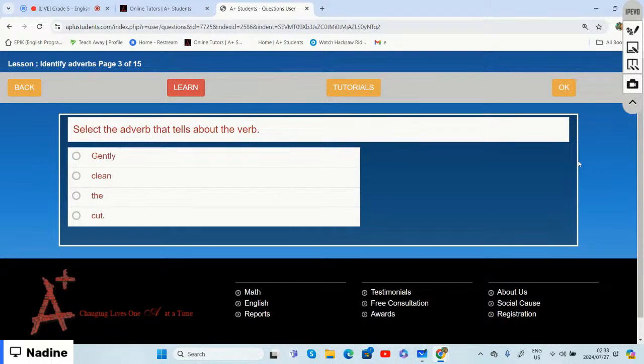So now we need to select the adverb that tells us about the verb, and the verb is clean. So they say gently clean the cut.